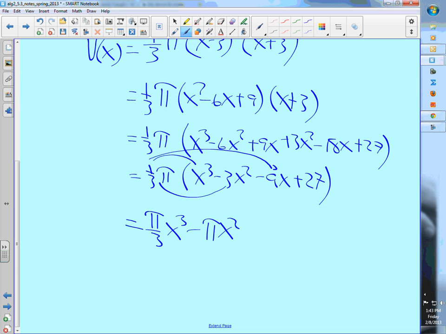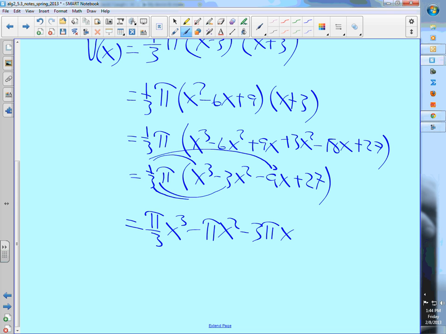It's negative 3x. What else? So how am I going to write it? I'm not going to write negative x pi or 3x pi. Negative pi 3x. Does that sound right? Negative 3 pi x. Very good. Good save. Negative 3 pi x.